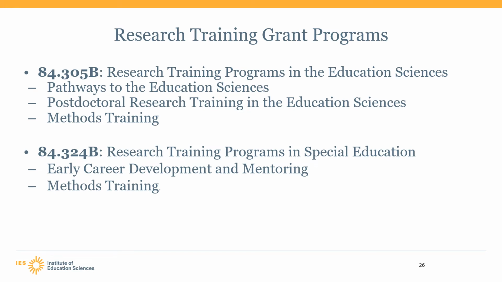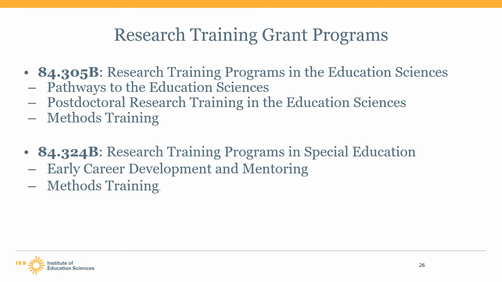84.324B. The research training programs in special education include the Early Career Development and Mentoring Program, which is intended to support researchers to conduct rigorous and relevant early intervention and special education research. Early career is defined as an investigator within 3 years of receiving their PhD or completing a postdoctoral program at the time of applying.